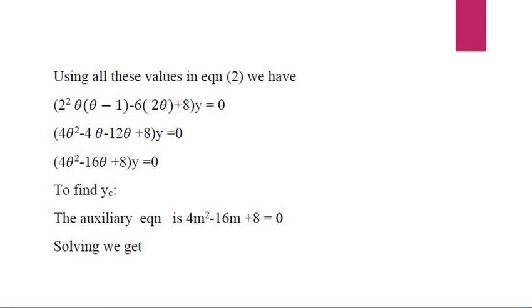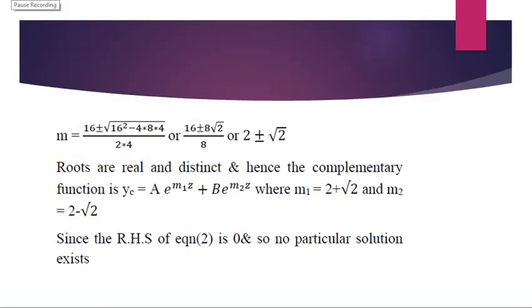Solving this using the formula minus b plus or minus square root of b squared minus 4ac by 2a, we have m is equal to 16 plus or minus square root of 16 squared minus 4 into 4 into 8, divided by 2 into 4, or 16 plus or minus 8 root 2 by 8, that is 2 plus or minus root 2.